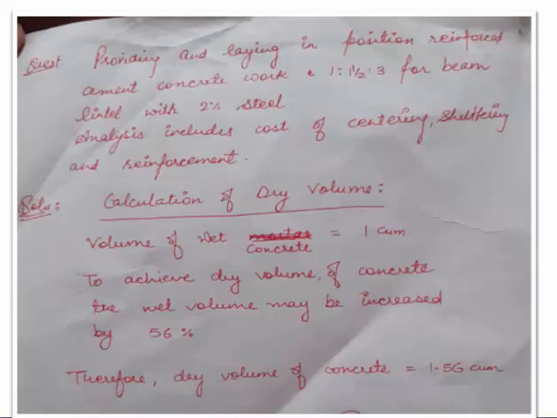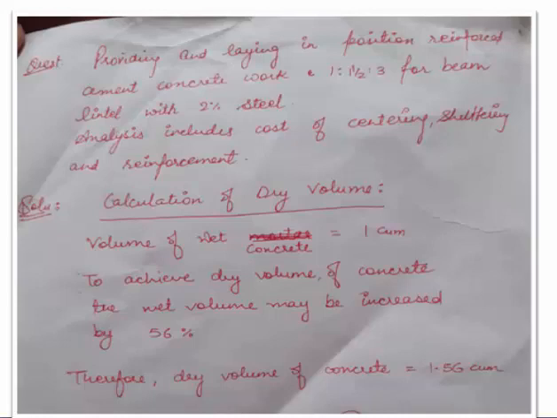So basically, students, nowadays when we look into the DAR, that is the detailed analysis of rates, which I have already shared with you in the WhatsApp groups, you will find that the analysis is not including your centering, shuttering, and reinforcement part.